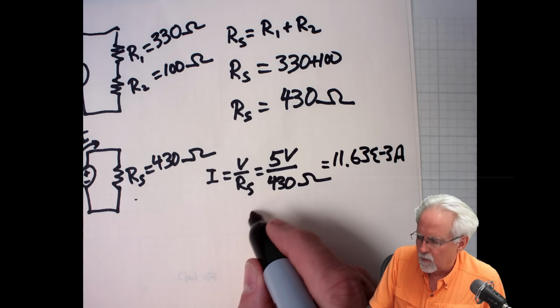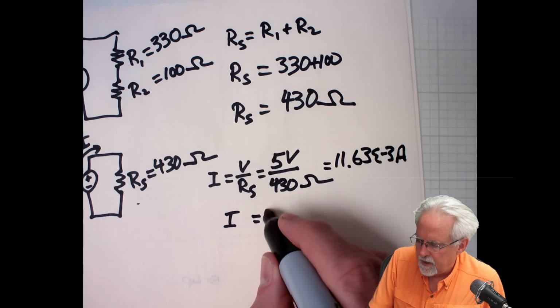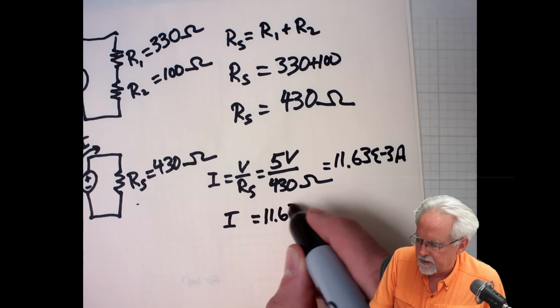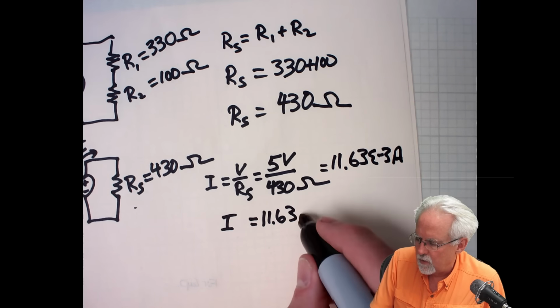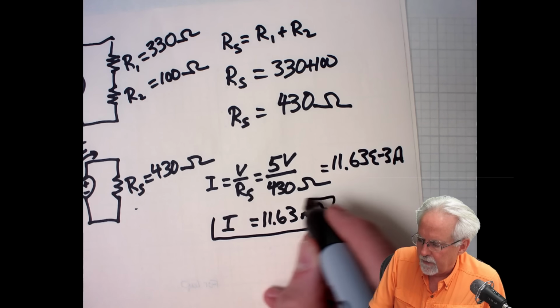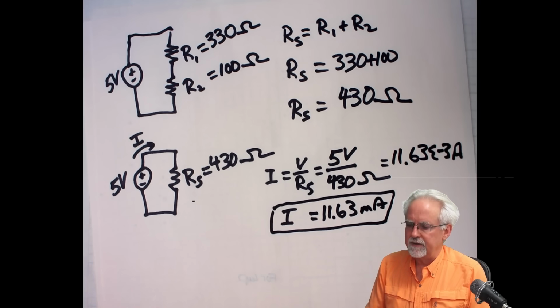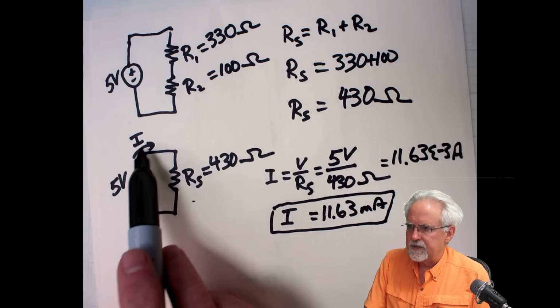And then how are we going to write that? We're going to write that I is equal to 11.63 e to the minus 3, which is milliamps.